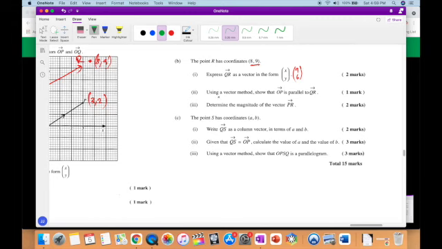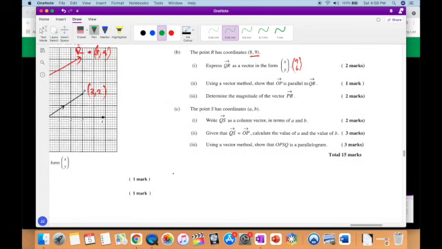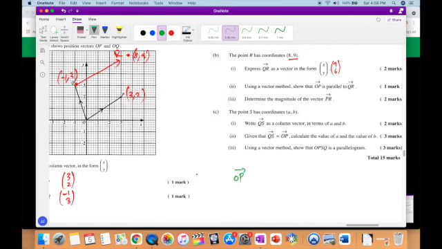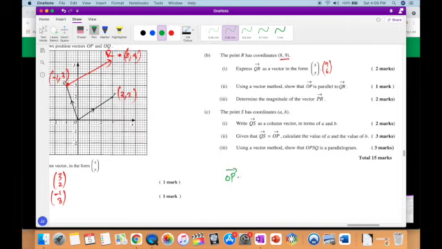Okay, using a vector method, show that OP is parallel to QR. OP is (3, 2). QR is (9, 6).